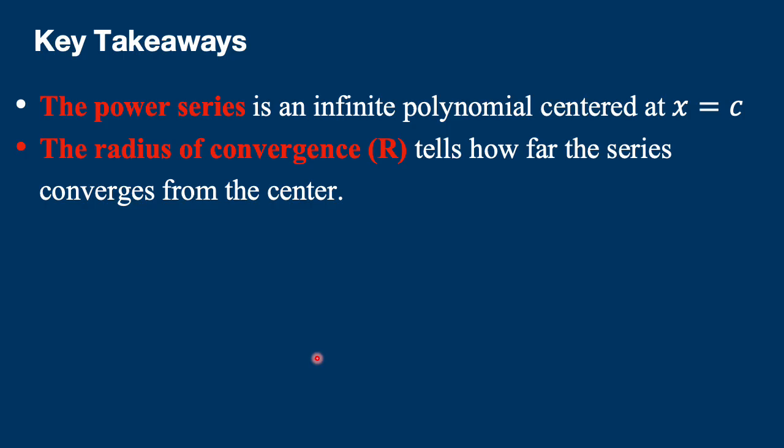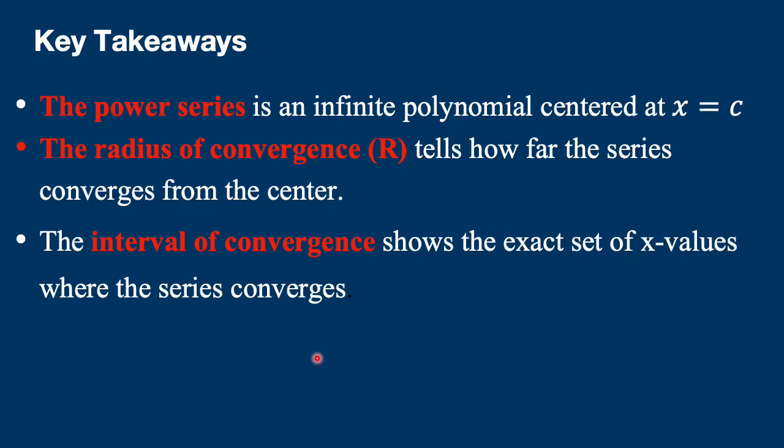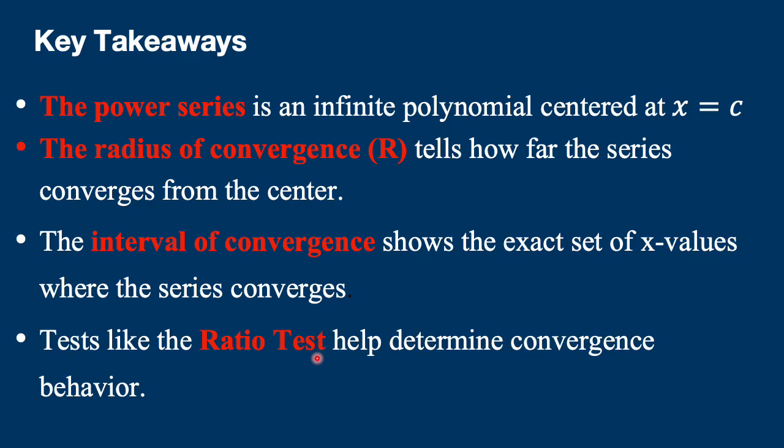Also, the radius of convergence tells us how far the series converges from the center. The interval of convergence shows the exact set of x values where the series converges.